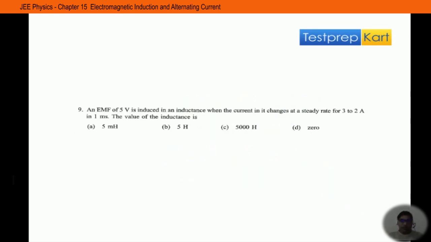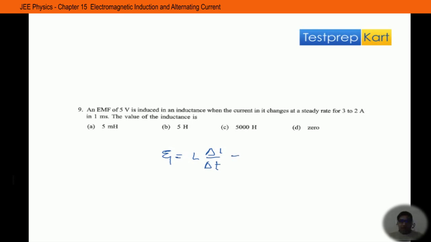Let's see next question. It is saying an EMF of 5 volt is induced in an inductance when current is changing from 3 to 2 ampere in 1 millisecond. Then inductance. So we already solved one question similar to this, that EMF is equals to, in magnitude of, it is L di over dt, or for this case we can write delta I over delta t.